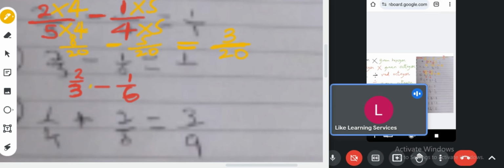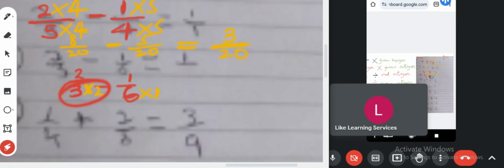I told you that if you multiply 3 with 2, it will give you 6, and then you will have to multiply 6 with what to give you the same answer? 1. With 1. Good. 3 times 2 is 6. 6 times 1 is 6.